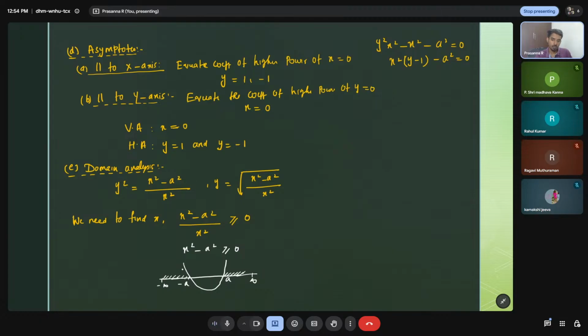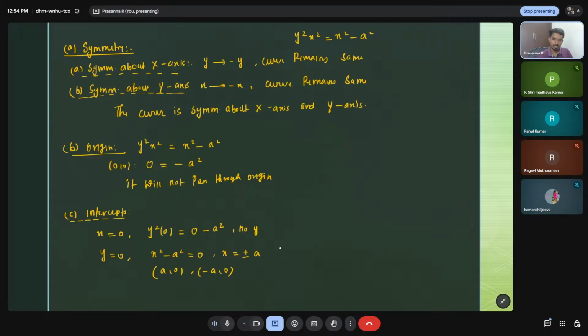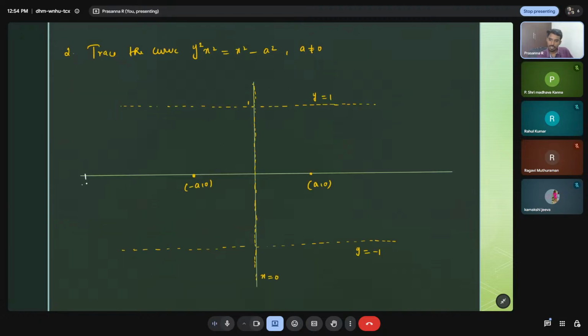In these regions the output is positive because our graph is above the x-axis. In this region the output is below the x-axis. So this will be greater than or equal to 0 if x belongs to minus infinity to minus a union a to infinity. So that means the graph is defined from minus infinity to minus a.